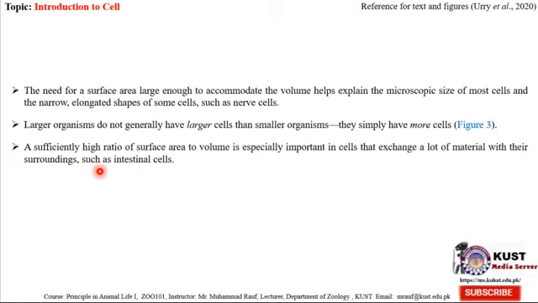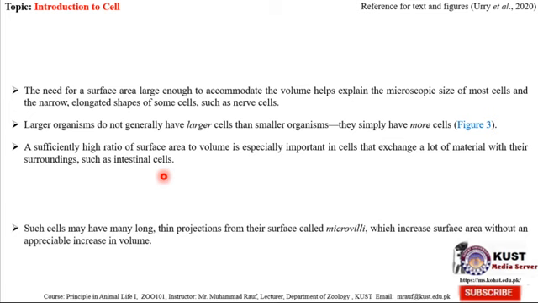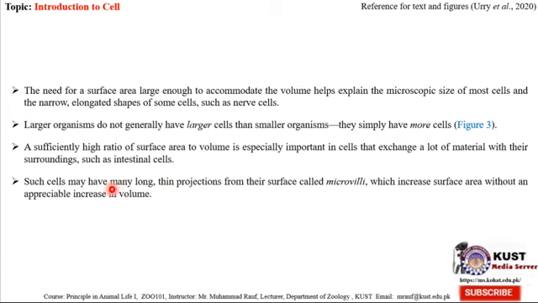And here you have the example of intestinal cells, which are flattened cells, and because they are concerned with absorption of nutrients, such cells may have long, thin projections, and one more structure that is provided to those cells is the microvilli, which further increases the surface area. These microvilli are hair-like projections.